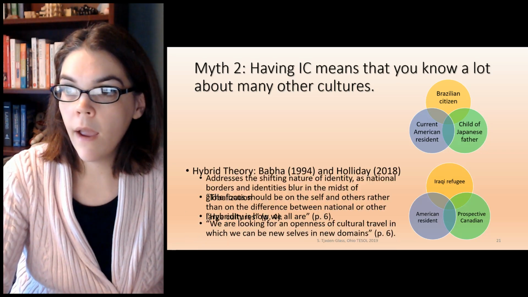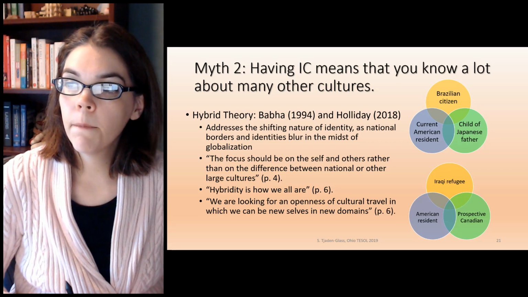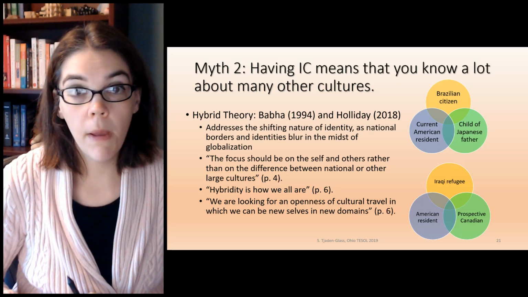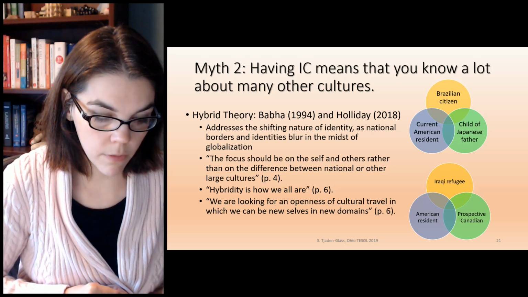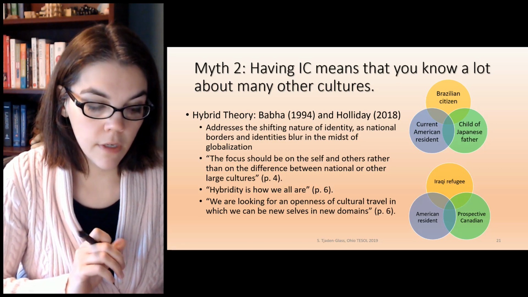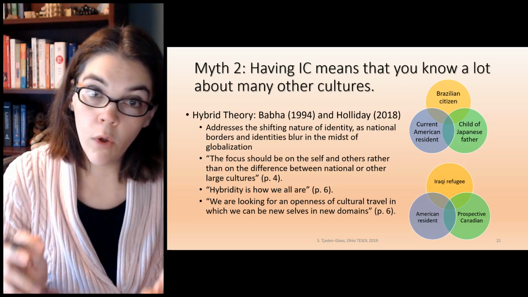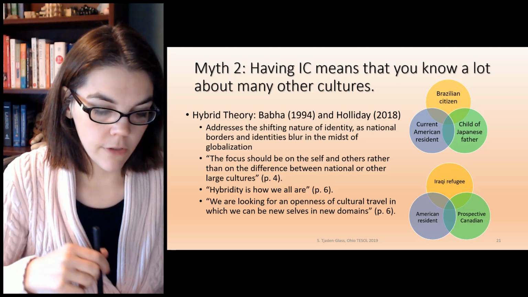And that's why I turn to hybrid theory, which was first talked about by Bhabha and more recently written about by Adrian Holliday. His work is quite good. What hybrid theory does is it contextualizes the idea of culture in a modern world where global migration is increasing.